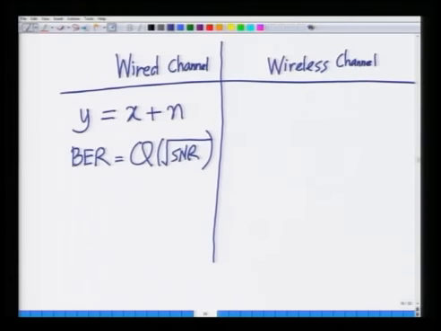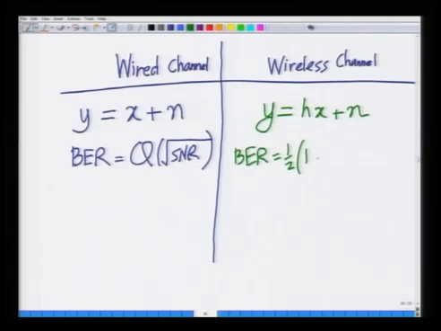The wireless channel is y equals h x plus n, and the bit error rate equals half times 1 minus the square root of SNR over 2 plus SNR. This is what we have derived so far.